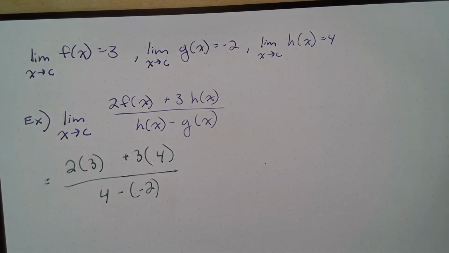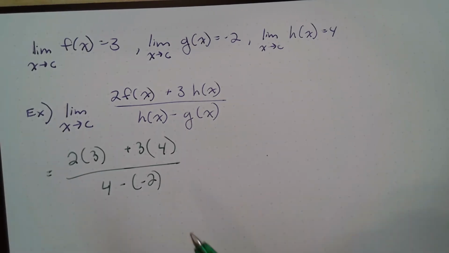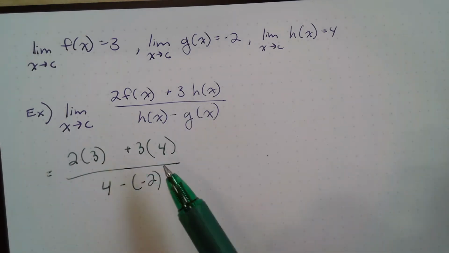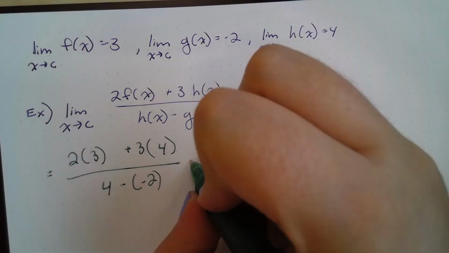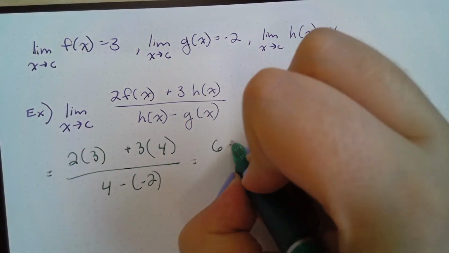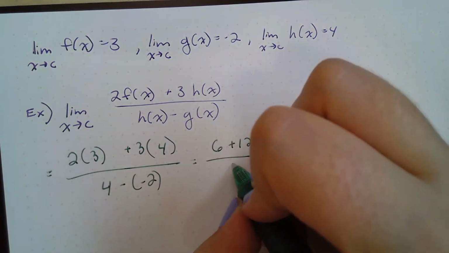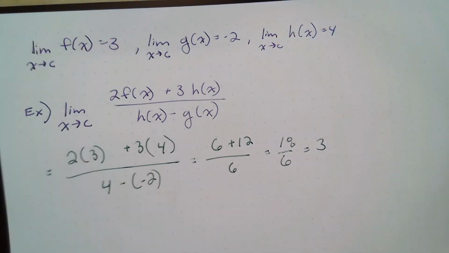Now, this is where you can see I've kind of skipped a step here and cut some stuff out, but that's okay. We don't need to write down every single thing. Now, if you were writing this on the AP exam, you would want to write those limits there. But here, if this is a multiple choice problem, I don't need to write all that out. So this is going to be 6 plus 12 over, 4 minus 2 plus 2 is 6. We got 18 over 6 is equal to 3.